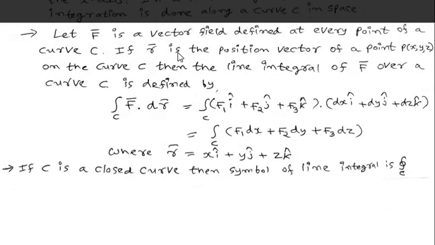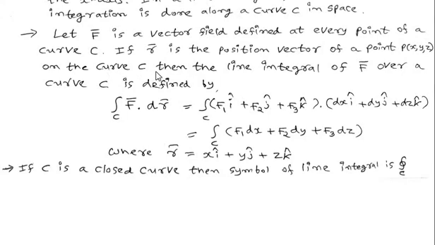Let f bar be a vector field defined at every point of a curve C, and if r bar is the position vector of that particular point on the given curve C, then the line integral of f bar over the curve C is defined as the integration of f bar dot dr bar over C. Here f bar is f1 i plus f2 j plus f3 k, which is a vector field, dot dr bar.